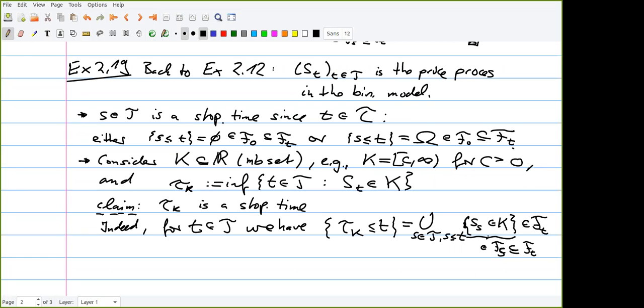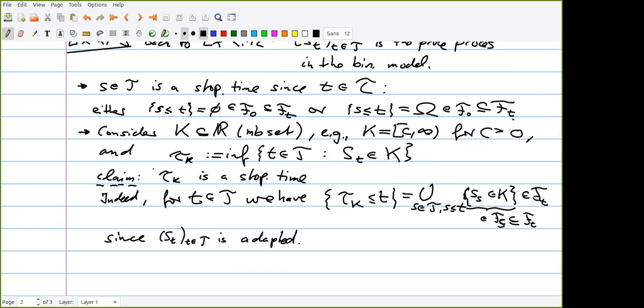So we check the property of the stopping time, since F here is adapted. And in this case, we consider the filtration generated by S, as usual if we are not specifying it.